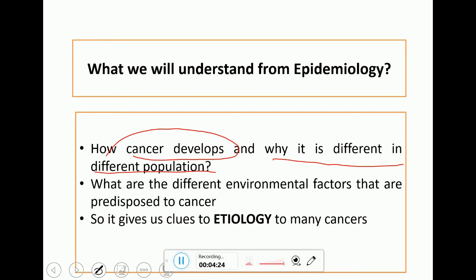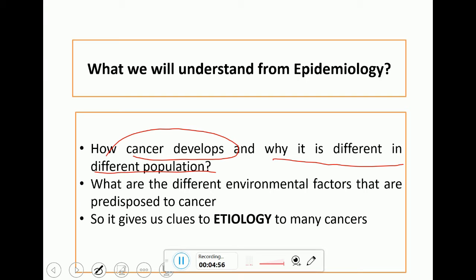Because we are doing a population based study, we will generate data that this particular type of cancer is prevalent in one country, and another type of cancer is prevalent in some other country. So we will understand the distribution of a particular type of cancer for a particular country, and also the mechanism which cancer cells adopt to develop into a cancer disease.